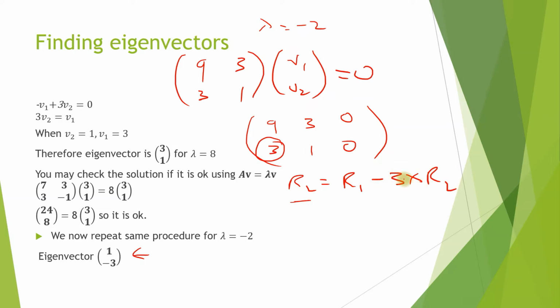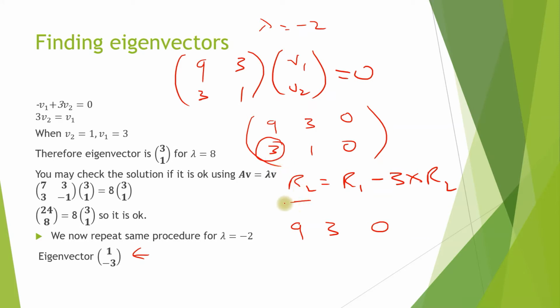If you try to understand what I did, the new second row is the first row, which is 9, minus 3 times the second row. What is the second row? It is 3. So 3 times 3 is 9. So our 9 minus 9 becomes 0. That's the way that I've been able to row reduce this matrix. So the first row stays the same, as you have understood.